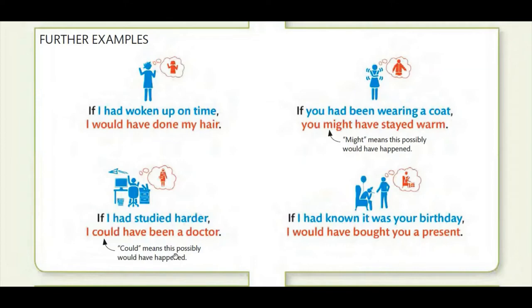Could means this possibly would have happened, but not now. If I had known it was your birthday, I would have bought you a present. But now I did not know it was your birthday, so I didn't buy any kind of present for you.